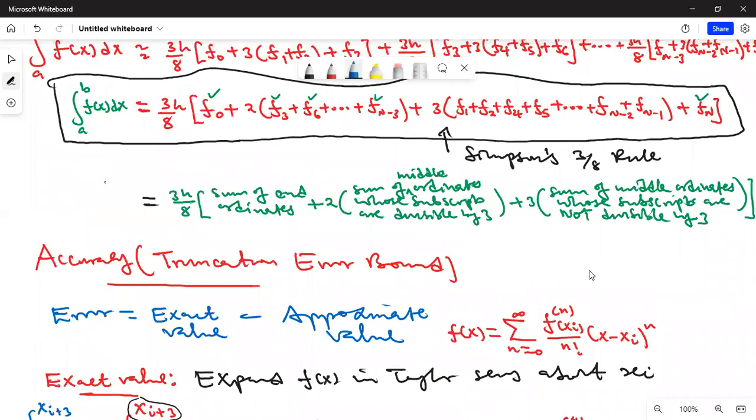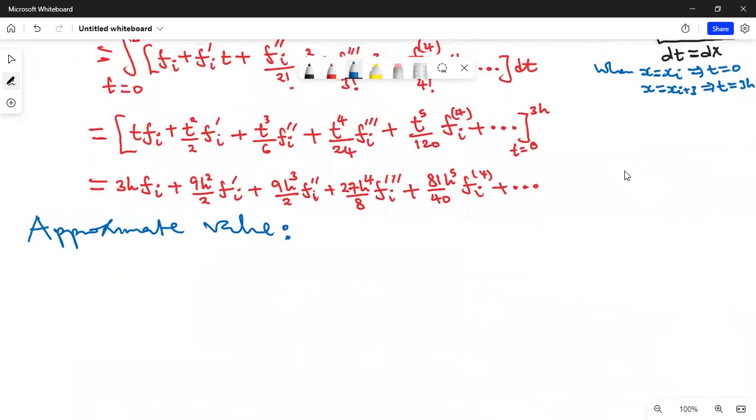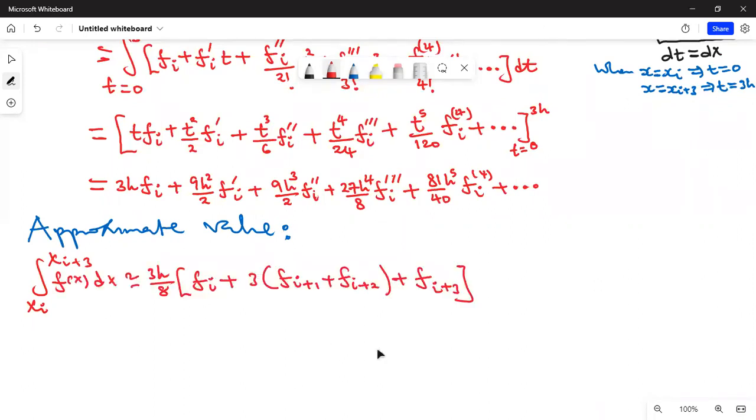I'm going to write it down, the integral from xi to xi plus 3 of f of x. So now this is what you need to expand.